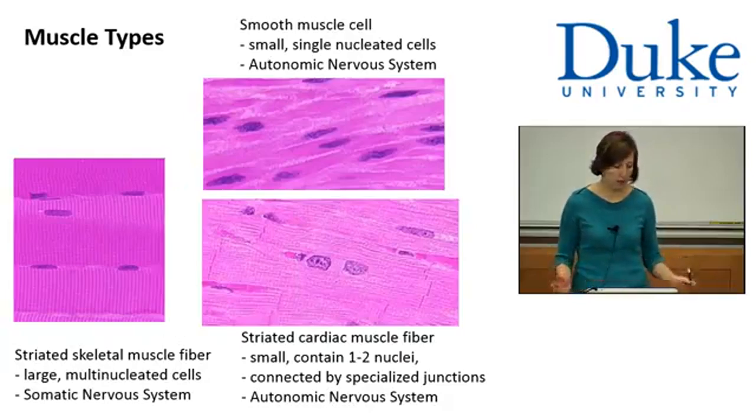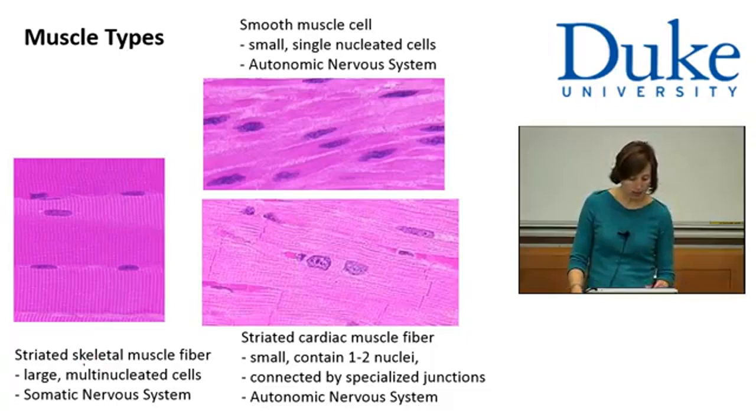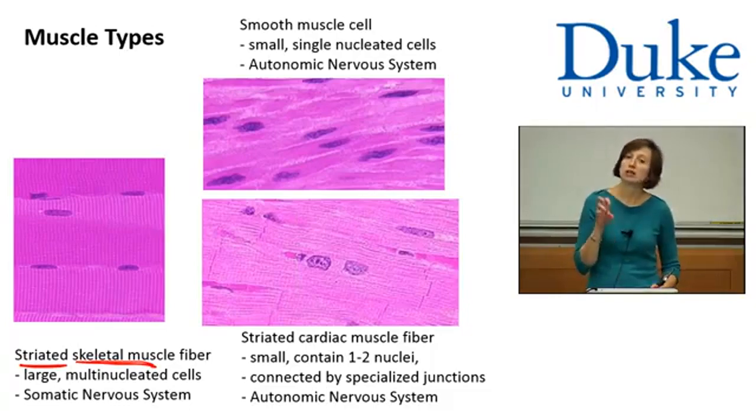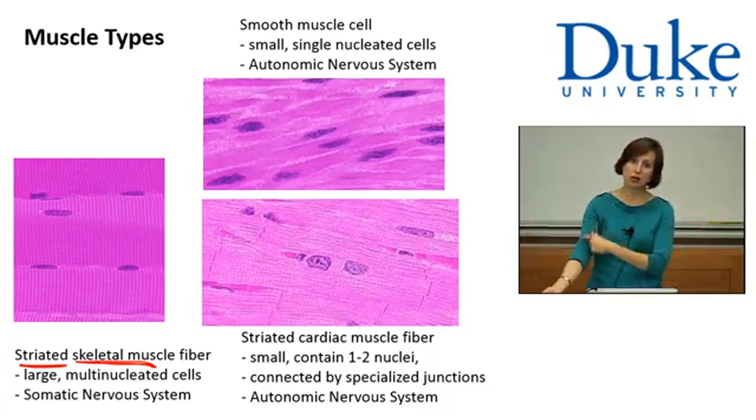So there are going to be three main types of muscle in the body. Of course, today we're going to be talking about skeletal muscle, which is also striated because it has these stripes. Skeletal muscle fibers or cells, you can use those terms interchangeably, are going to be quite large, both in diameter and often in length, because a skeletal muscle cell or fiber is going to run the entire length of a muscle.